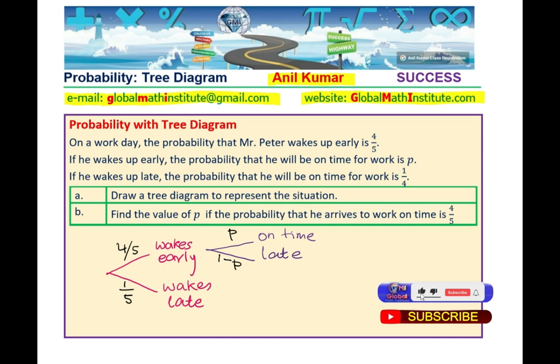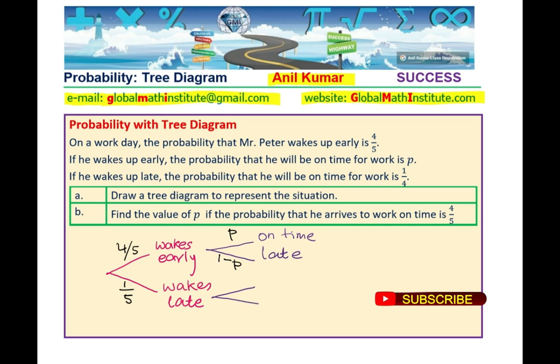If he wakes up late, the probability that he will be on time is 1 by 4. So here it is on time or late. That is at work. So on time is 1 over 4. So late will be 4 minus 1, which is 3 by 4. So that is the tree diagram which we have.